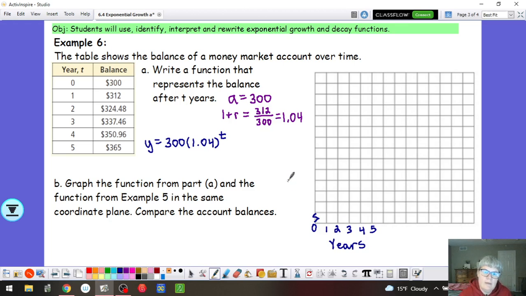And then the y-axis is the balance. And it looks like I could probably go by fives, but I am going to label every other one so it looks like I'm going by tens.